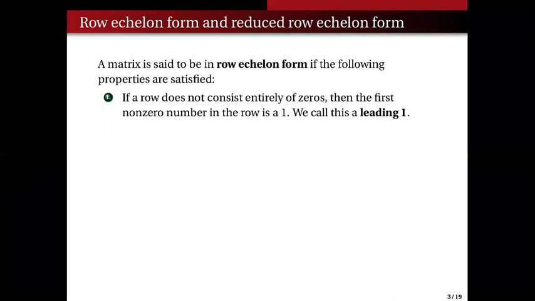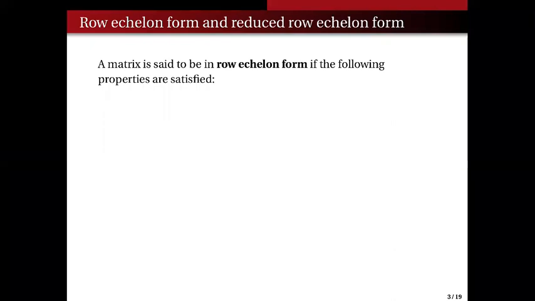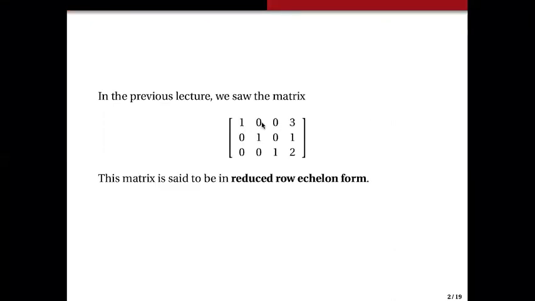For example, in this matrix, this row here does not consist entirely of zeros. The first number in the row, which is this one, is 1. The first non-zero number.